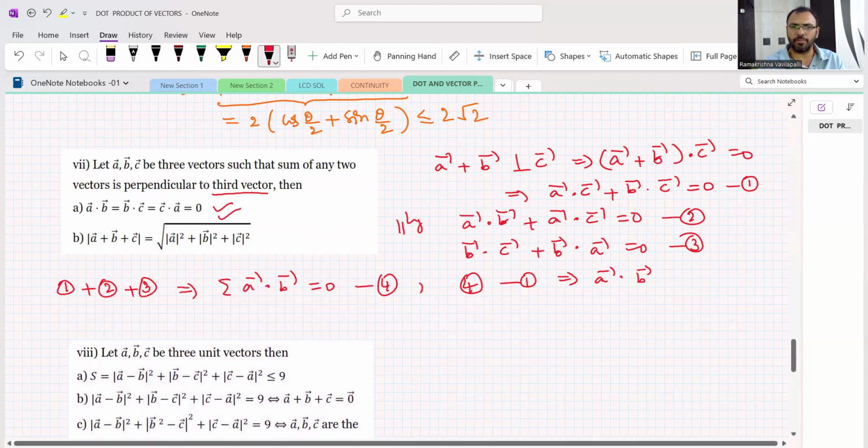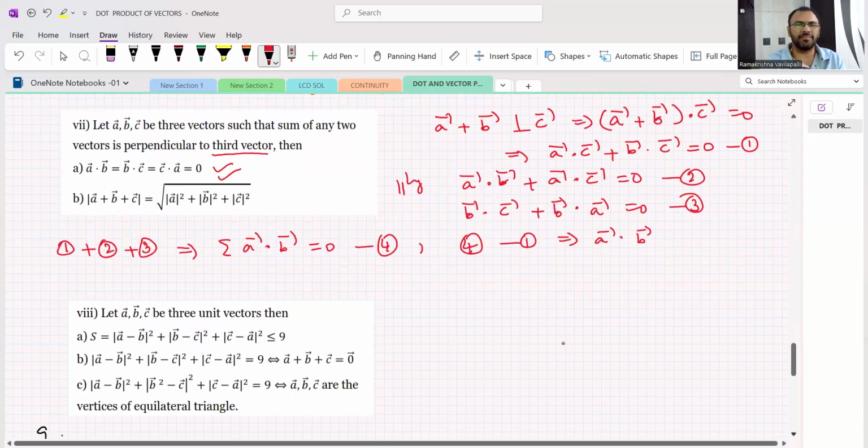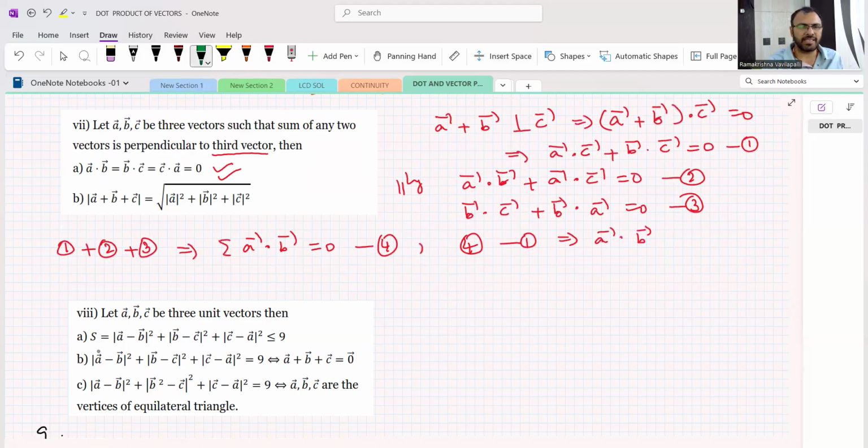Now, one more important concept is that if A bar, B bar, C bar are unit vectors and S is equal to modulus of A minus B whole square plus B minus C whole square plus C minus A whole square, it does not exceed 9.